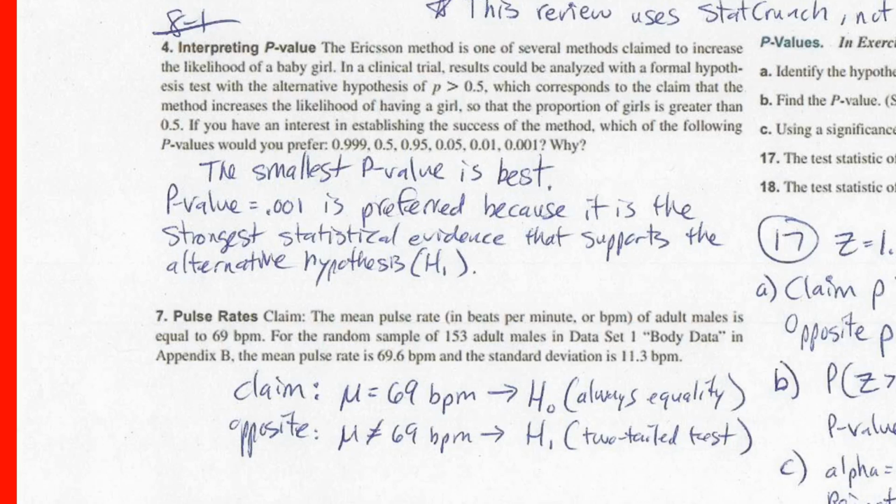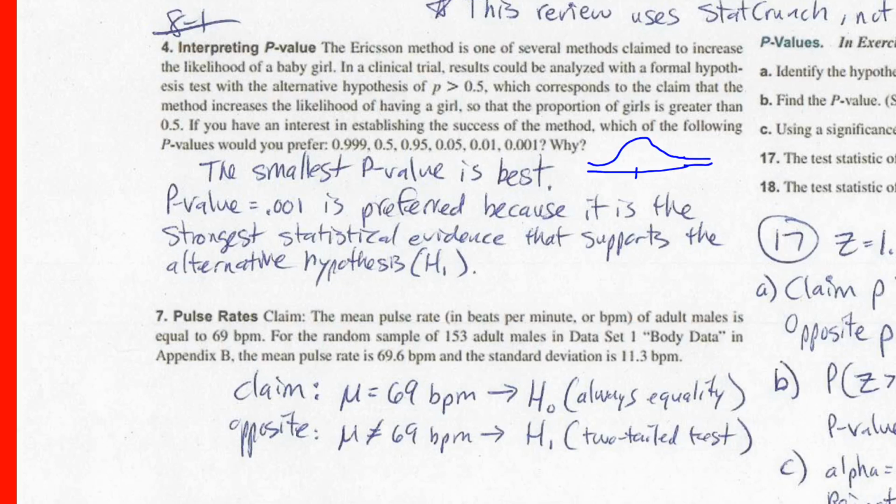Now, the best p-value in getting strong statistical evidence that supports H1, or the alternative hypothesis, would definitely be the smallest, because you're getting very far away from the average or the middle.